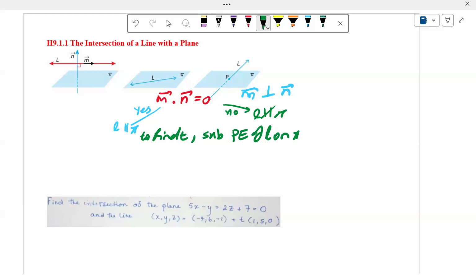In the first case, if the line and plane are parallel, if 0t is equal to a number, that basically means no solution. And no solution means the line is parallel to the plane, because that's parallel and distinct.